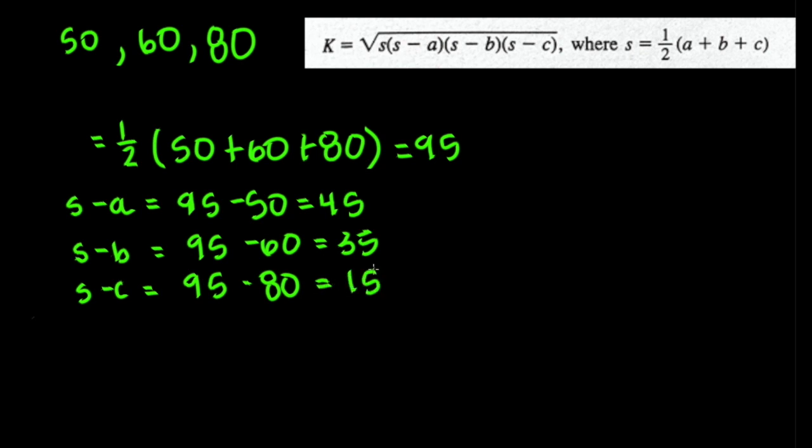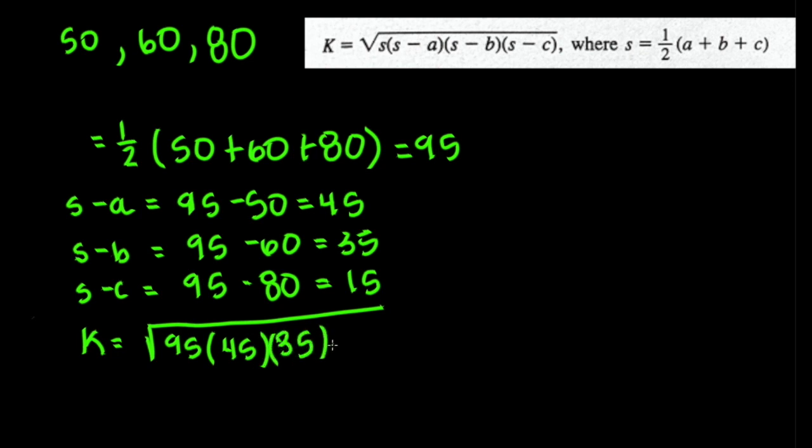Now we need to substitute all of this into our Hero's formula. So K is going to equal the square root of s, which is 95, times s minus a, which is 45, times s minus b, which is 35, times s minus c, which is 15.